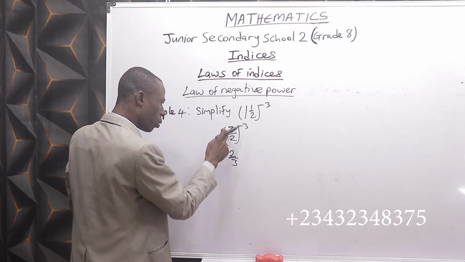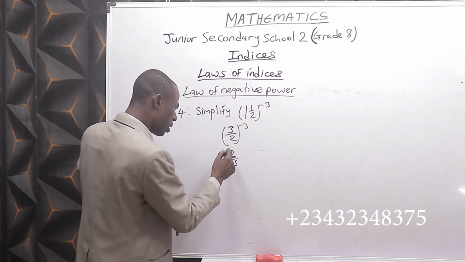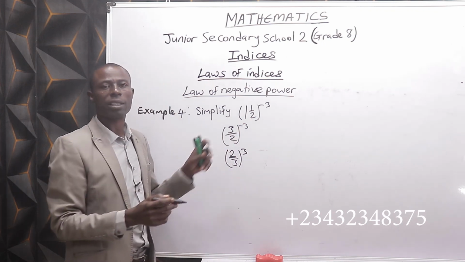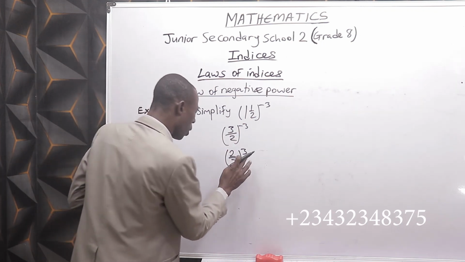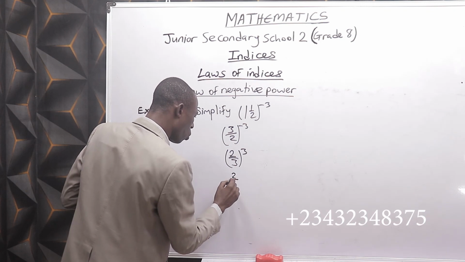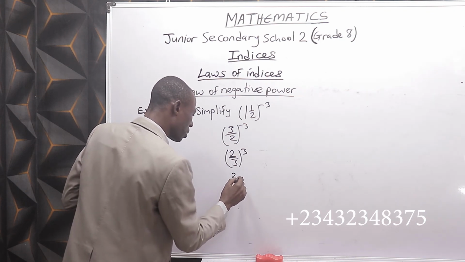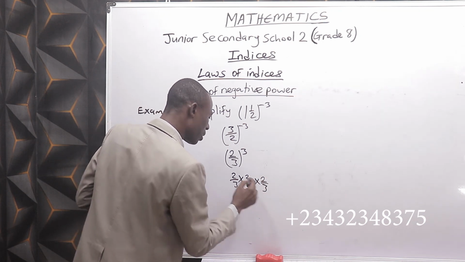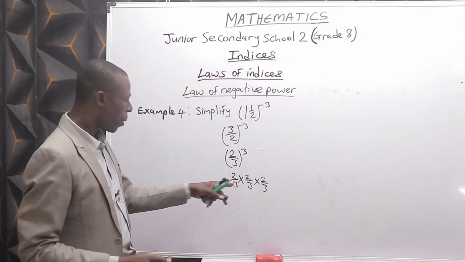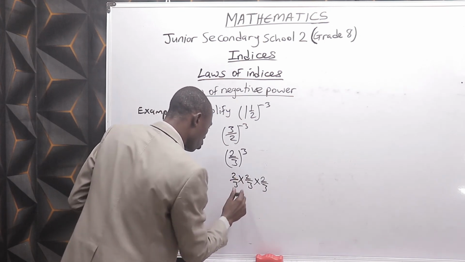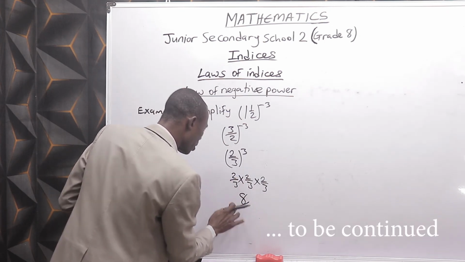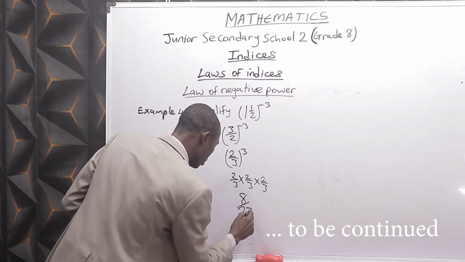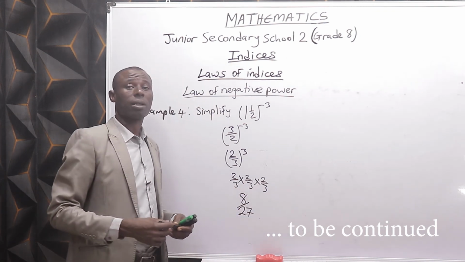Find the inverse of 3 over 2, which will be 2 over 3, raised to the positive power instead of negative. And this means 2 over 3 in 3 places, 2 over 3 times 2 over 3 times 2 over 3. 2 times 2 times 2, that is 8. 3 times 3, 9. 9 times 3, 27. And that is the final answer.